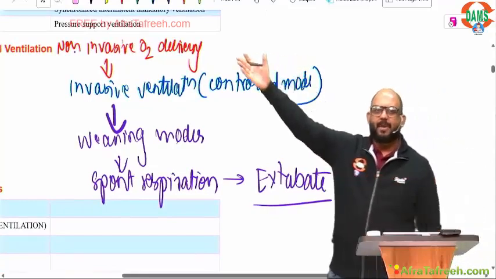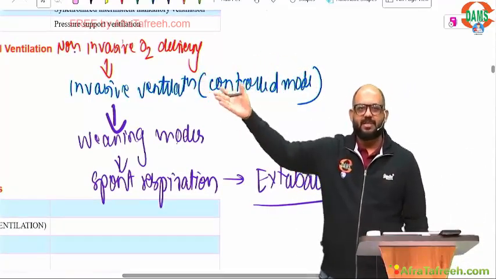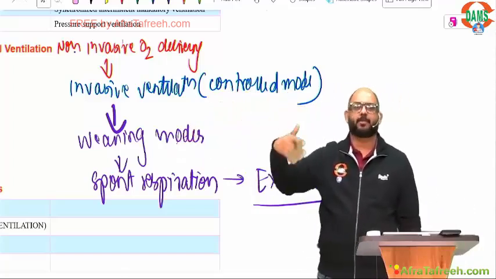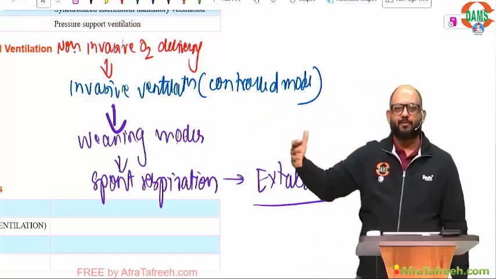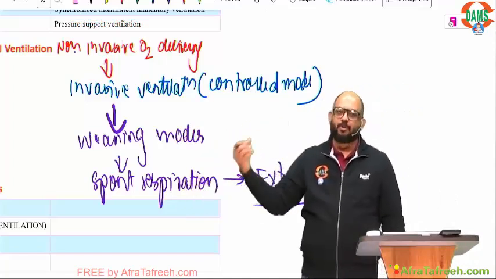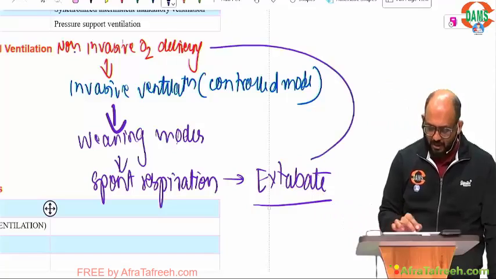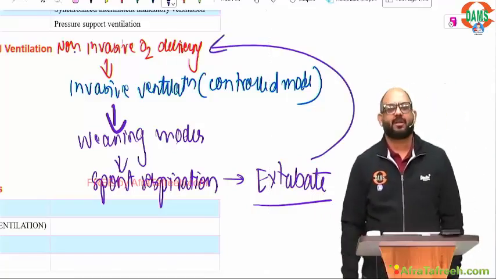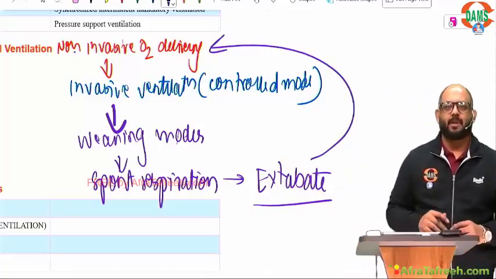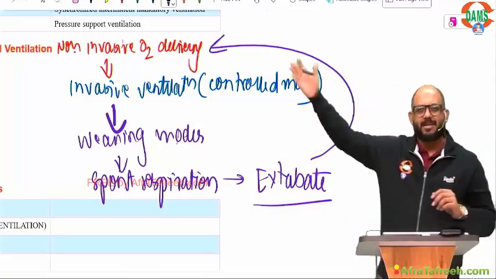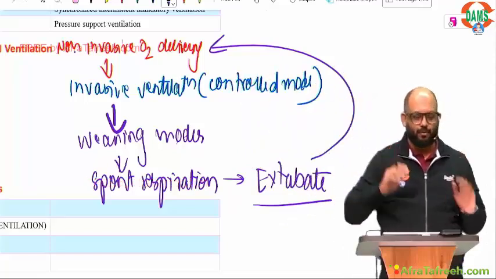Initially you try to manage non-invasively, then invasive control, then weaning, that is you are allowing the patient to breathe so that the patient has the strength to come out of mechanical ventilation. Then you leave the patient on spontaneous respiration, you extubate, and after extubation you put the patient on non-invasive delivery for some time. Remember this in general. In general, when you get a patient, this is the algorithm you have to follow most of the time.